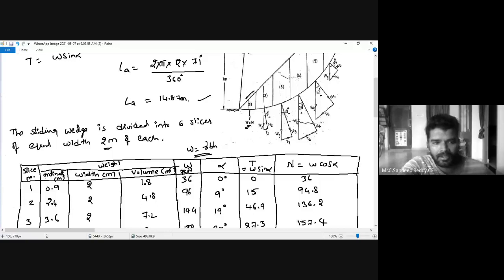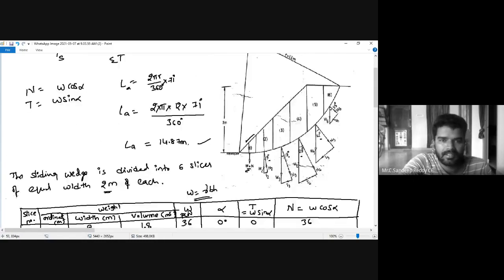You need to consider the ordinate, width, volume, W, alpha, T, and N. Then, of course, in addition to these values, you need to calculate the forces acting among the slices, that is E1 and E2. This you need to calculate extra.